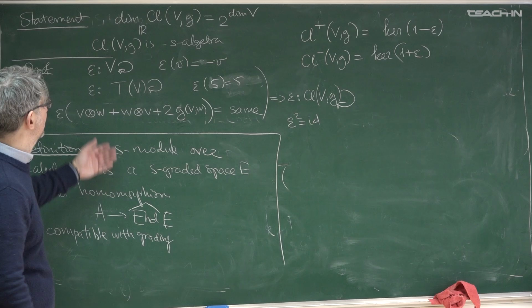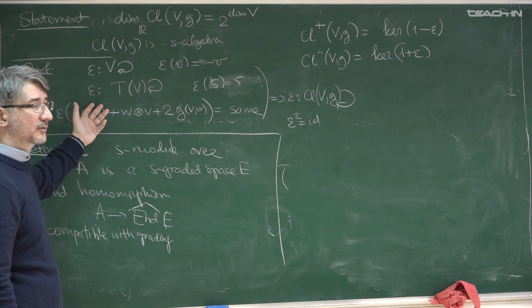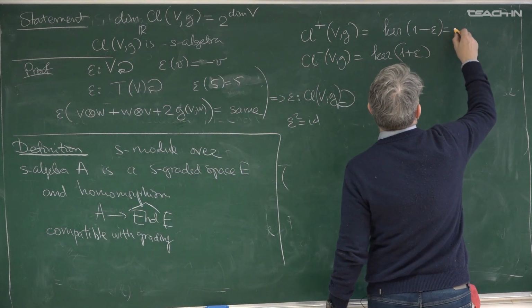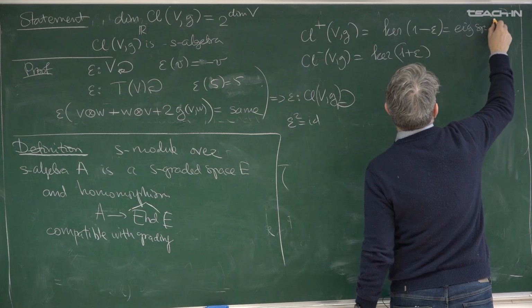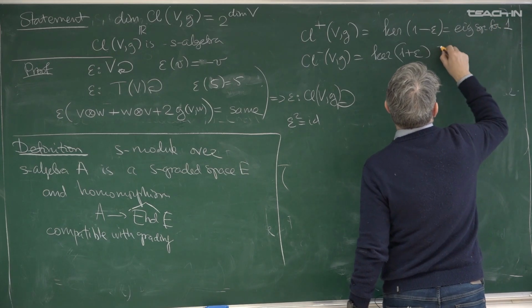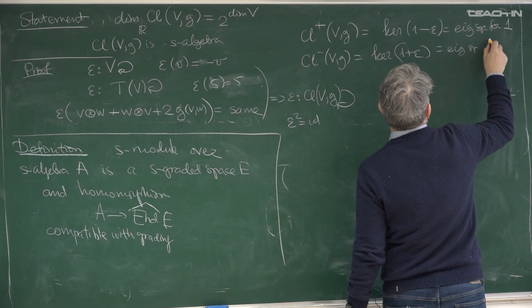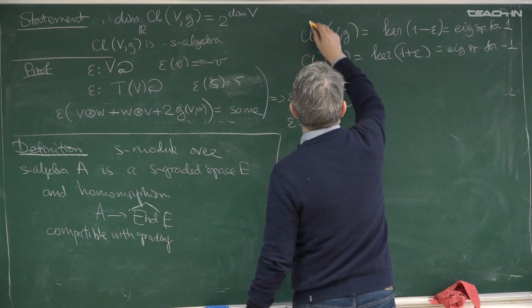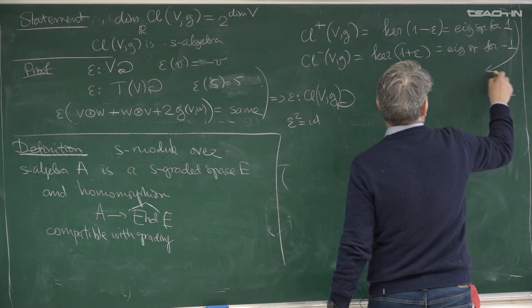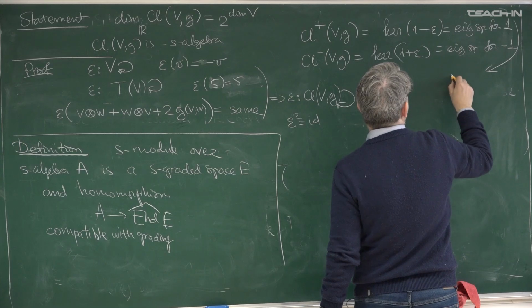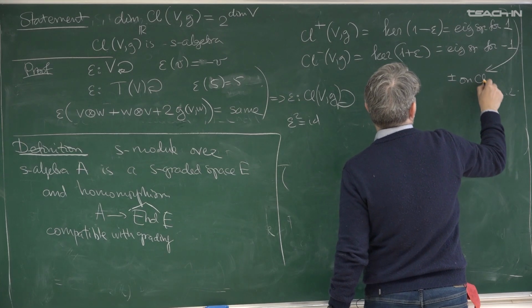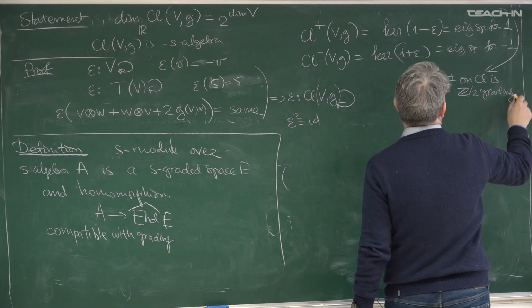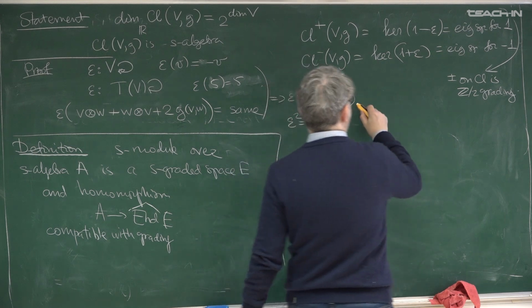Very simple. Epsilon is a homomorphism of algebras. So if you take the eigenspace for 1, this one is the eigenspace for minus 1. From this, it follows that plus minus on Cl is a Z2 grading.